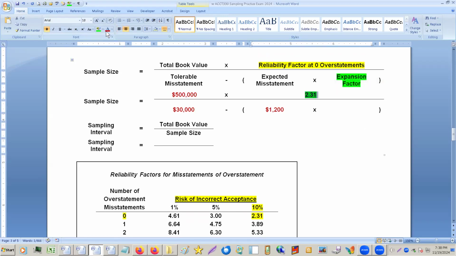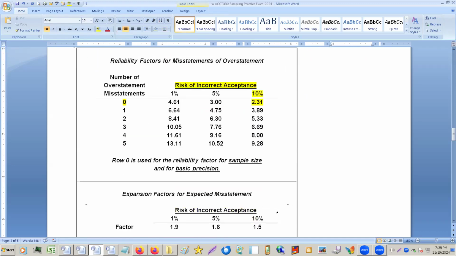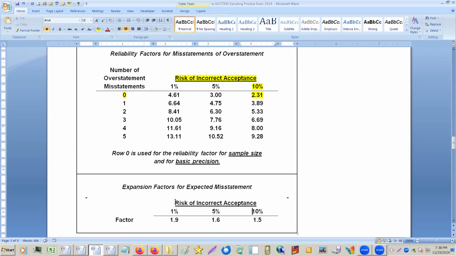Should be yellow. Our expansion factor at 10%. The nice thing about the expansion factor is it doesn't matter what row you use, there's only one. 1.5.